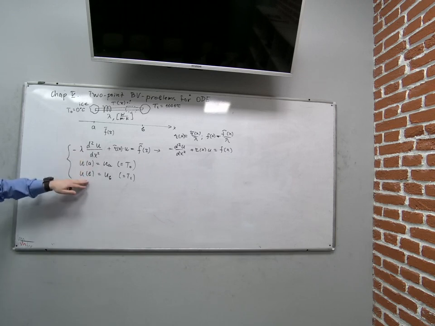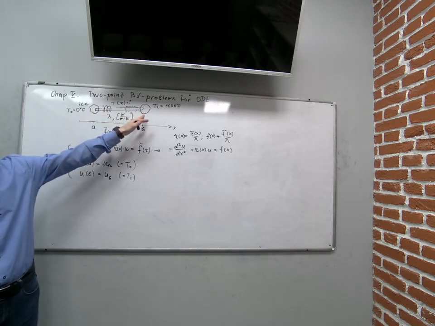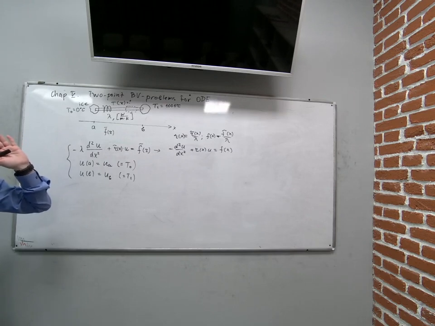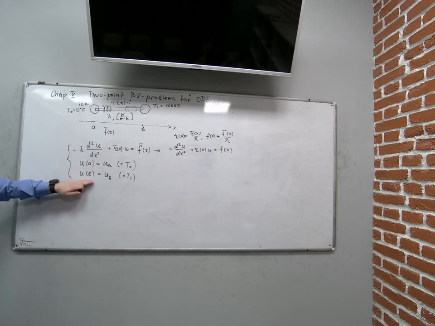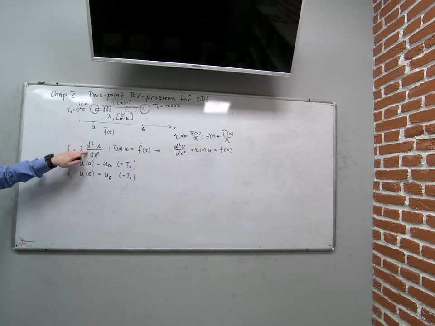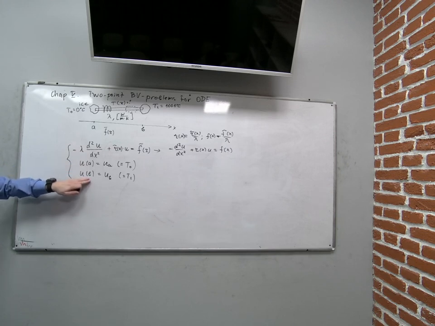This problem is called the boundary value problem because the values of our unknown function are defined on both ends of our computational domain, unlike for the Cauchy's problems when both conditions would be defined on the left or the right end. Right? In the Cauchy's problem, we define all conditions in one point, usually. And for the second order equation, for the Cauchy's problem, we would need to define the function value and the value of its derivative at the same point.